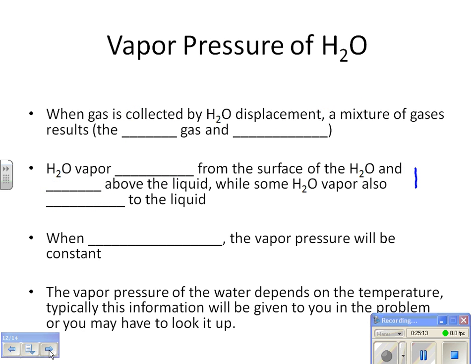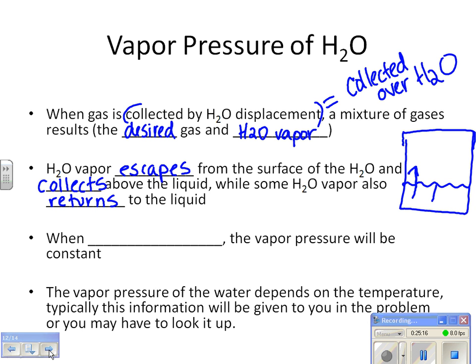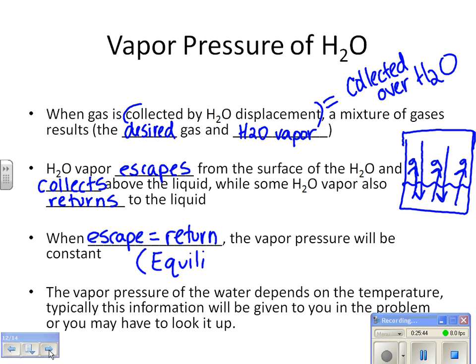Some liquid water becomes vapor, or gas, and at the same time, some of the gas condenses back into the liquid. When the number of molecules escaping equals the number of molecules returning, the vapor pressure will be constant, because it's the vapor that causes the pressure. And that state is called equilibrium.